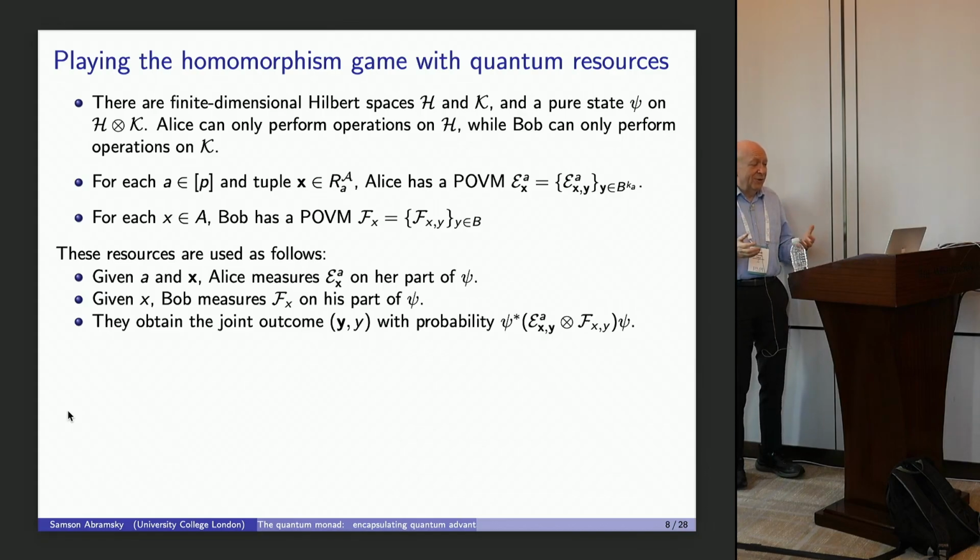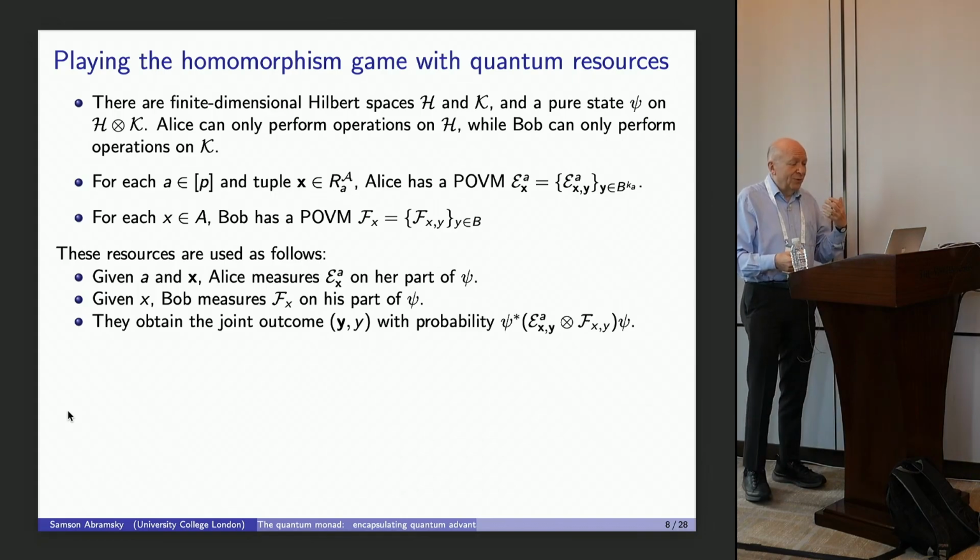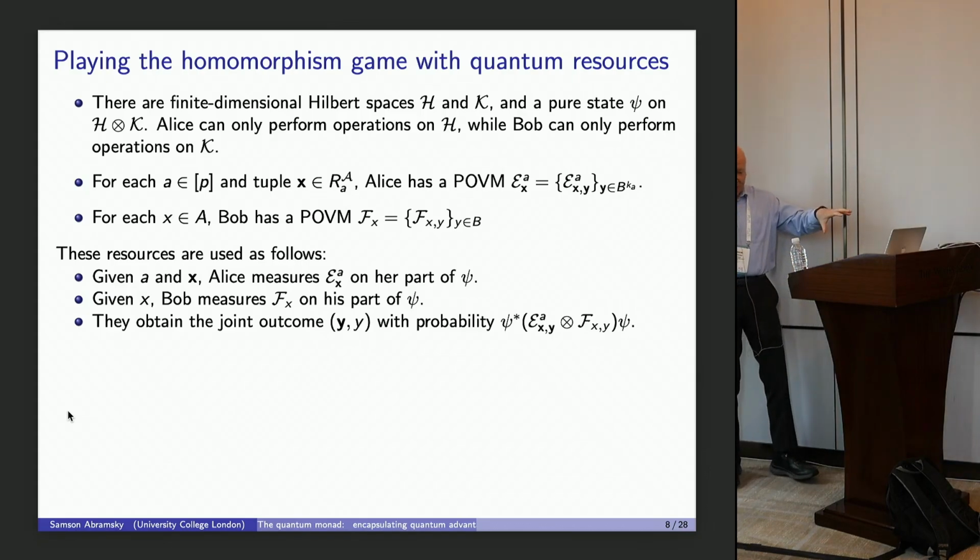And how do they use these resources? When Alice gets her input, she performs the corresponding measurement on her part of the state. And similarly, if he's given his input, Bob performs his corresponding measurement on his part of the state. These parts are separate, but of course the state may be entangled, and in cases of interest will be entangled.